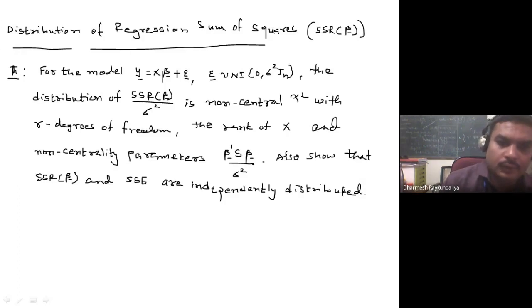Okay, so we wish to show that SSR upon σ² has the non-central chi-square distribution with r degrees of freedom, where r is nothing but the rank of X, and has the non-centrality parameter β' S β upon σ². Further, we wish to show that the sum of squares due to regression and the sum of squares due to errors are independently distributed.